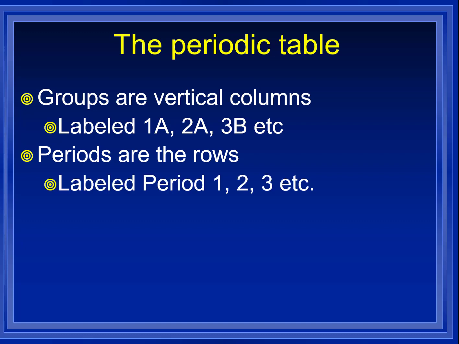Those are labeled period 1, period 2, period 3, or if they're getting fancy, the fourth period. Now, we'll talk about why the A's and B's are there later, on the columns.